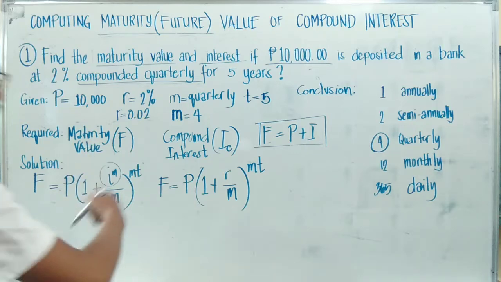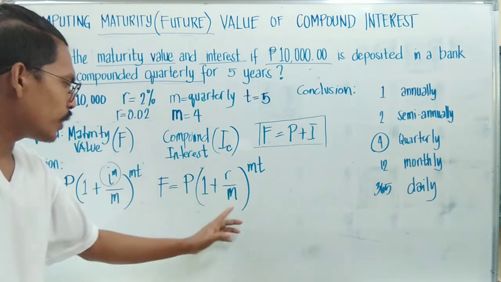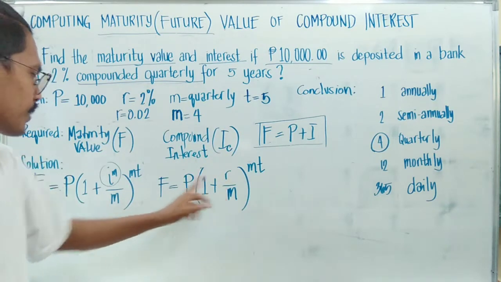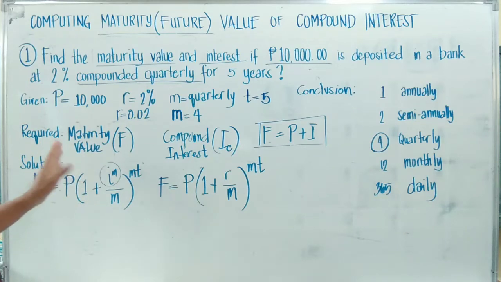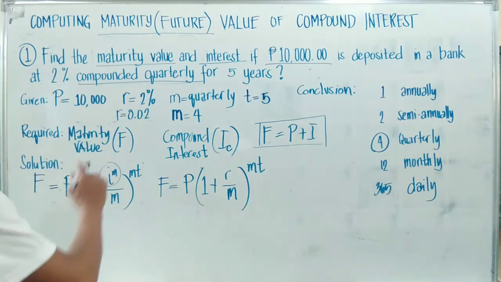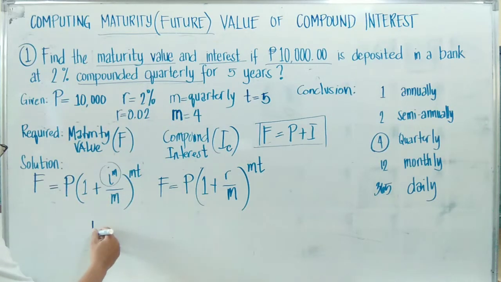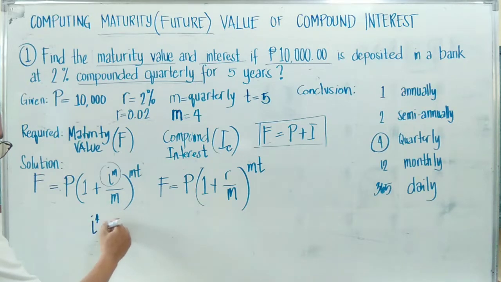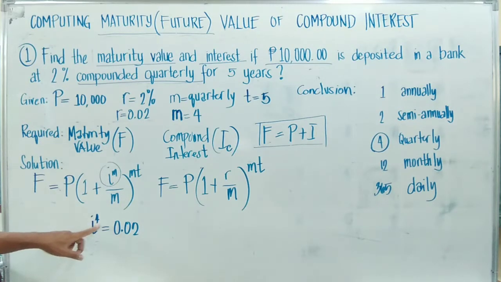So either of the two. But if you will be asking me, I will use this one so that my audience will not be confused about where is I raised to m. But to make you familiar with I raised to m, on our given, I raised to m, which is 4, is equal to 0.02, of course.